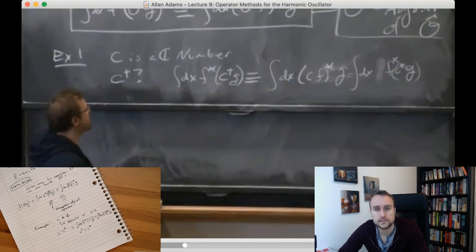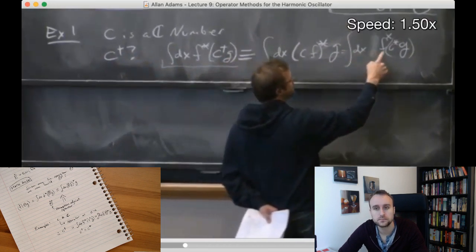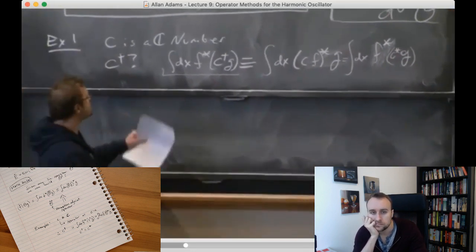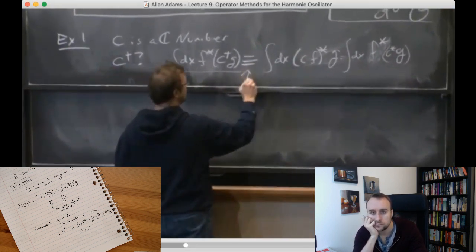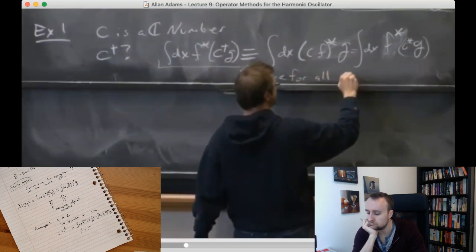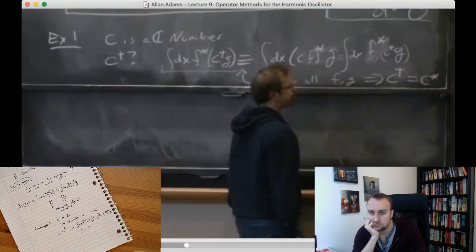So now we have this nice expression. The integral dx of f C adjoint g is equal to the integral of f times C star g, C complex conjugate g. But notice that this must be true for all f and all g, without any new assumption about what f and g are. And therefore, the adjoint of a complex number is its complex conjugate.